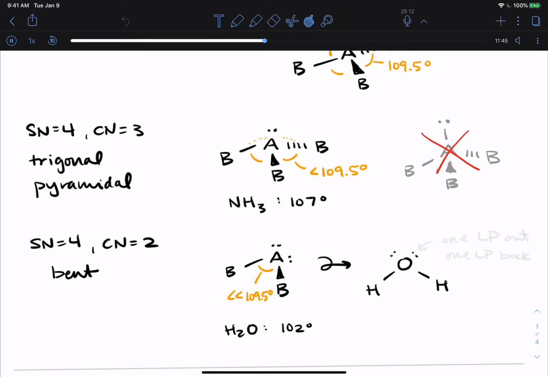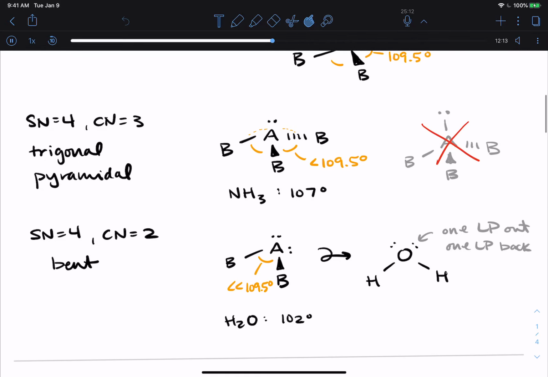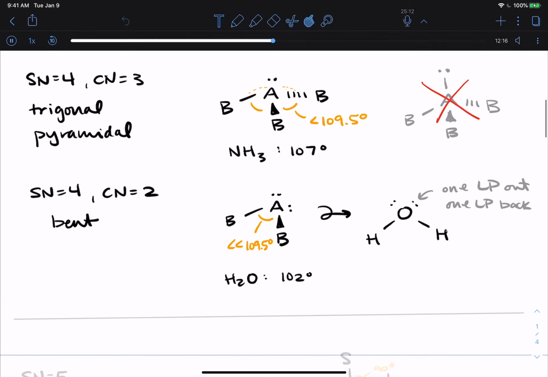But what's underlying this that you have to remember, and that will be really important when we talk about bonding things, is that we have one lone pair coming out of the screen at you and one lone pair going back behind the screen or behind the paper, because these 4 things still need to be as far apart as possible in 3D space. All right, that's steric number 4.